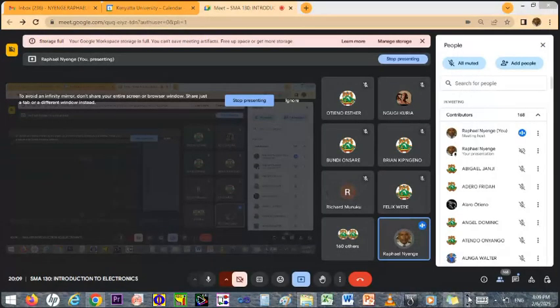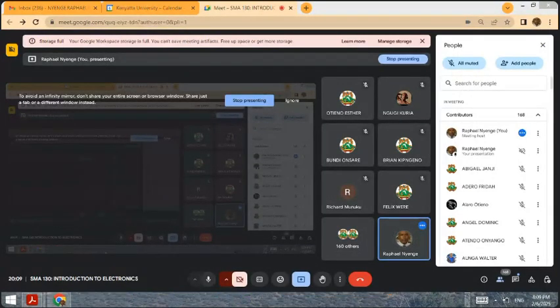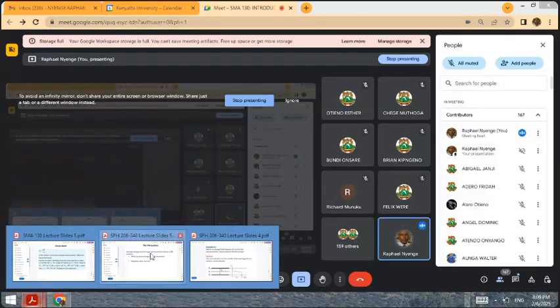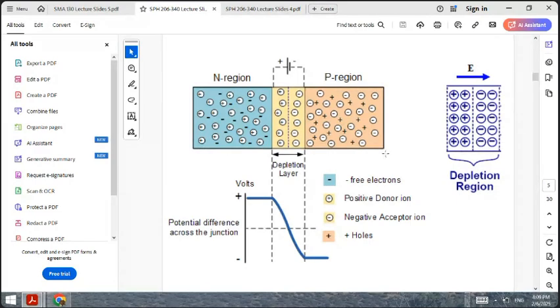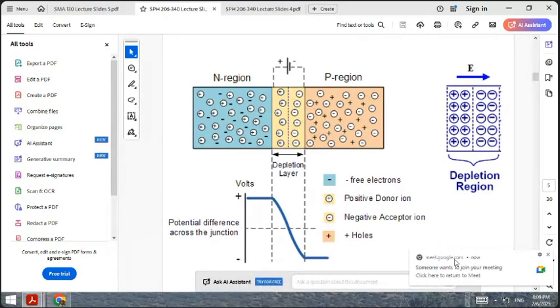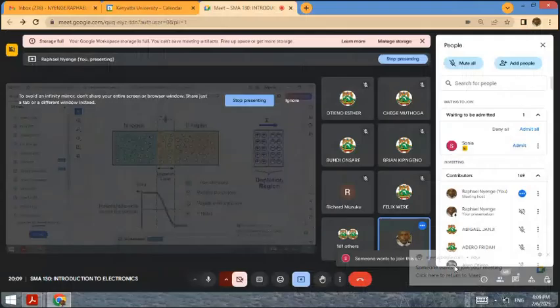If we combine or fuse together P type and N type, what do we get? Look, I bring an N type and a P type, I fuse them together.